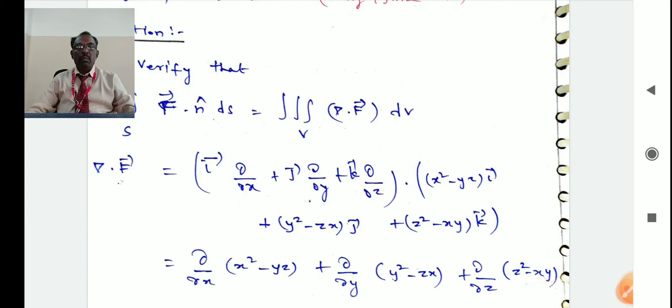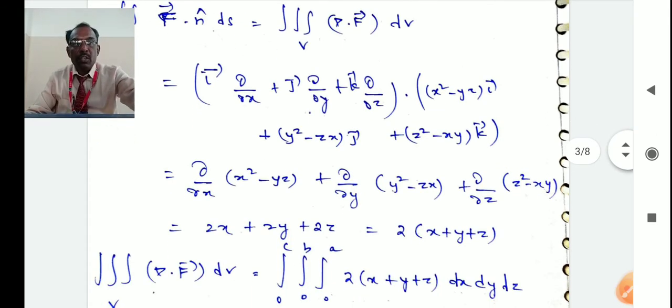Now I do the dot product of these two vectors. We get del by del x of (x squared minus yz) plus del by del y of (y squared minus zx) plus del by del z of (z squared minus xy). So first we do the partial differentiation of x squared minus yz with respect to x in the first term. So we get 2x only.